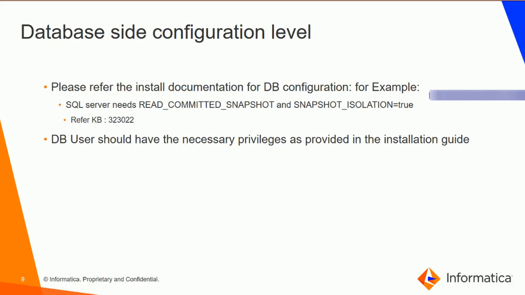Therefore, to avoid that, we need to ensure that the read committed snapshot and the snapshot isolation are set to true as given in the installation guide, and you can refer to KB article 323022 for that. The DB user account, whichever you use and for whichever database, should have the necessary privileges specific to those databases, and this is clearly given in the documentation and has to be followed.